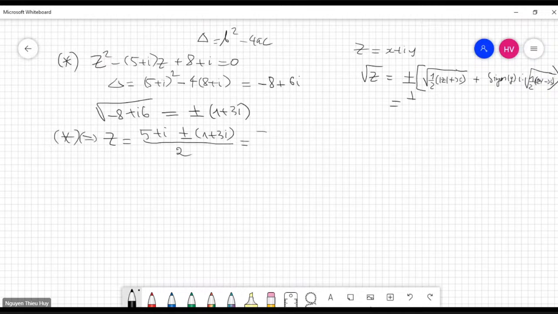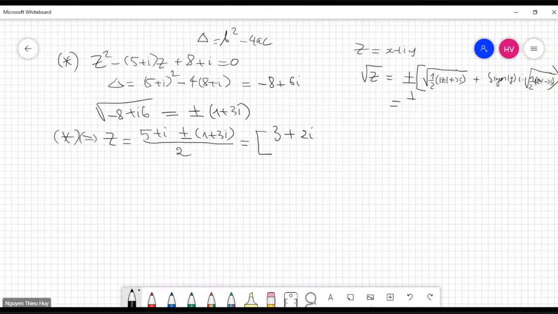So you have the two roots. Taking plus, 1 plus 1 plus 5 is 6, so you obtain 3, and 2i.